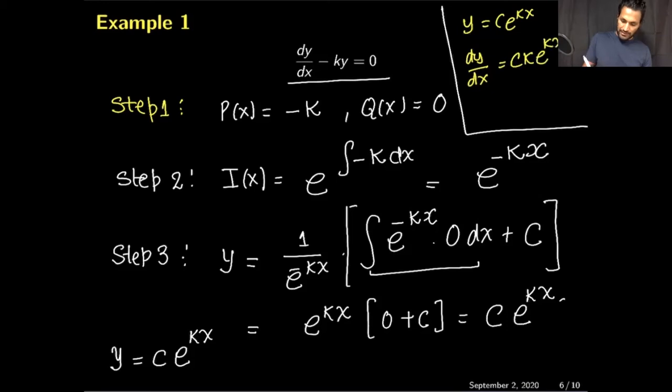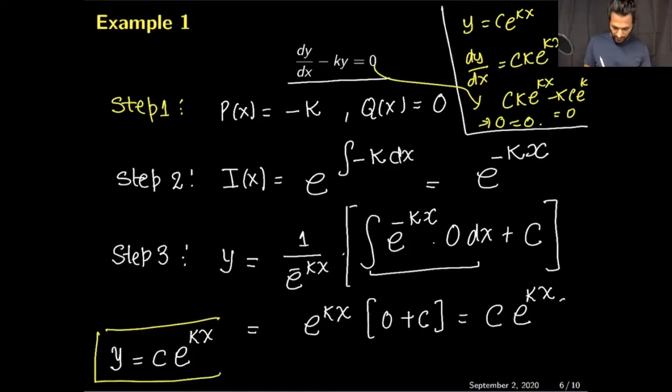If I plug back into the equation, then I get dy/dx, c k e to the power kx, minus k times y, which is c e to the power kx, equal to 0. You can see 0 is equal to 0. So indeed, this is the general solution of this first order differential equation.